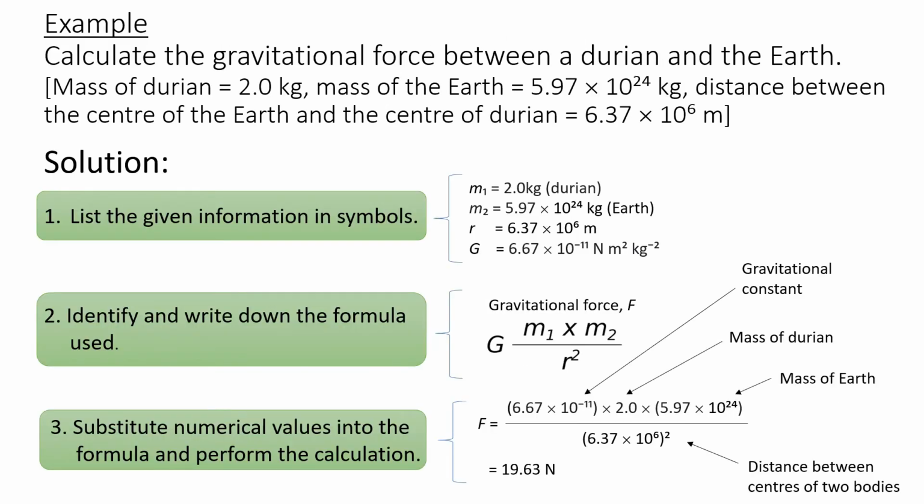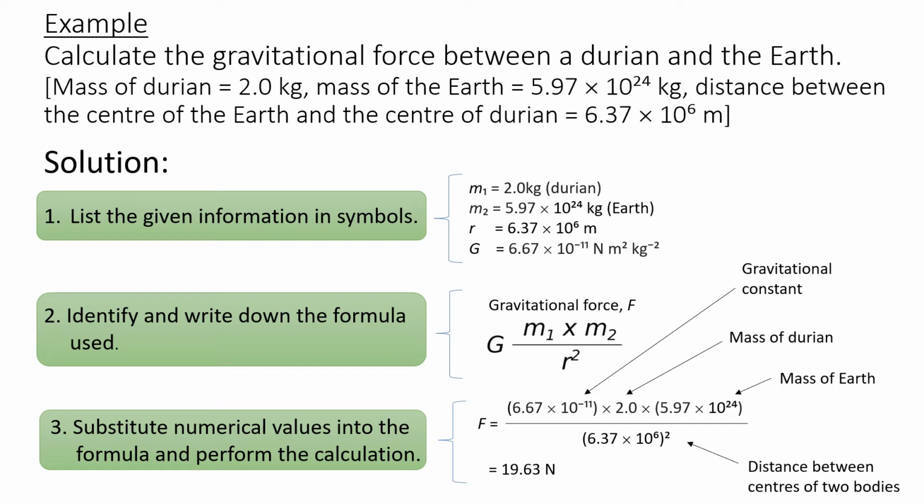Here is the example. Calculate the gravitational force between a durian and the Earth. The masses of the durian and the Earth are given and the distance between the centers of the two bodies is also given. So, step 1, list all the given information in symbols. Step 2, identify and write down the formula used. The formula for gravitational force is F equals G m1 m2 over r squared.